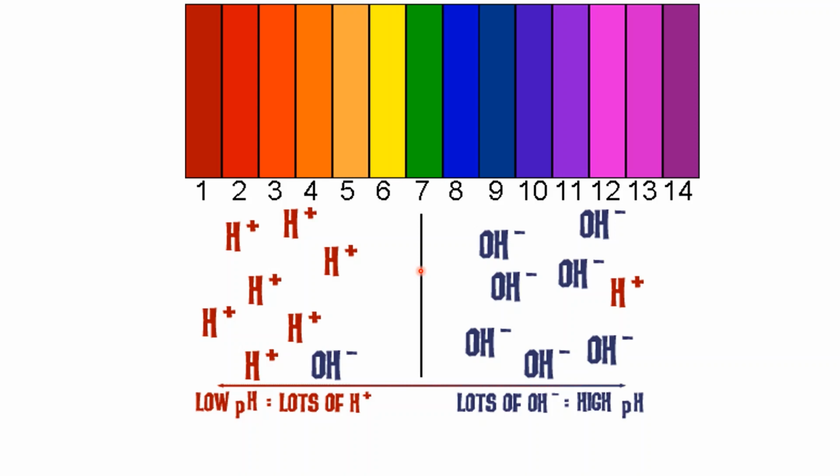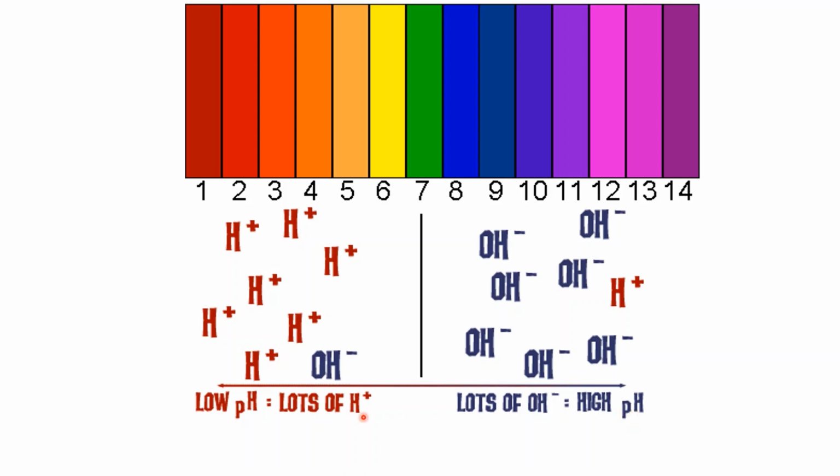As you go further this way, down the pH scale here to pH 1, low pH means that you've got a high concentration of hydrogen ions. Conversely, at high pH, that means you've got lots of hydroxide ions. Because alkalis release hydroxide ions, that means that you've got a high pH.